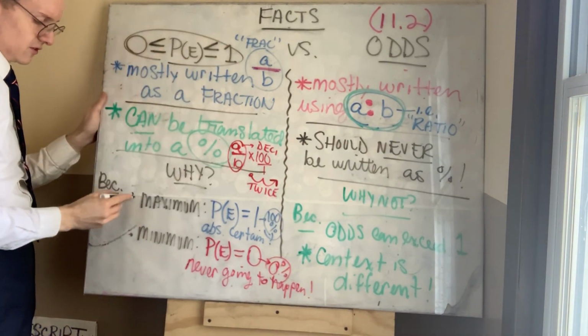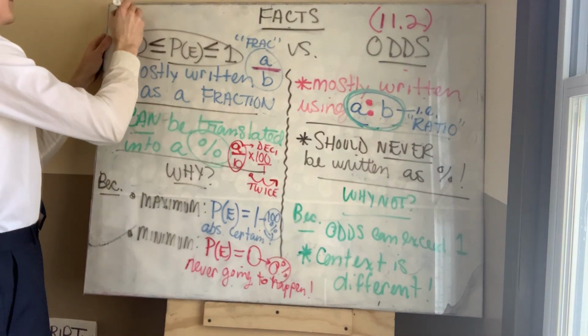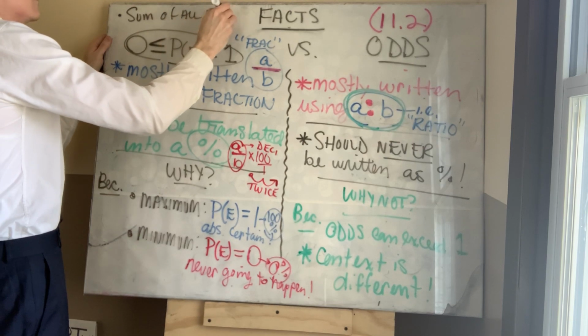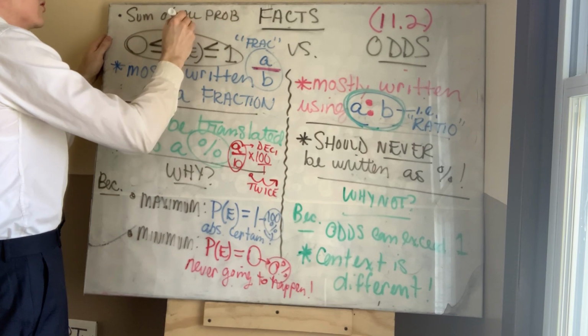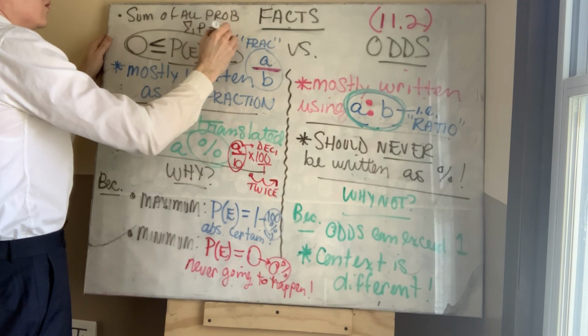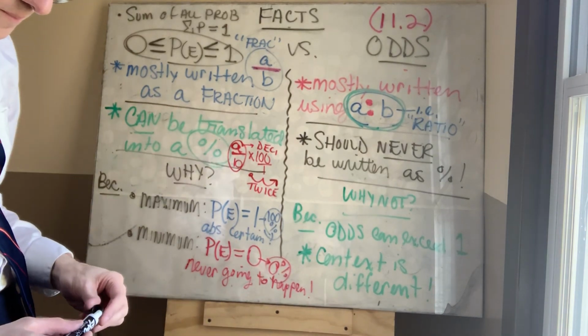This symbolizes this basically. And the sum of all probabilities, which is sometimes symbolized by a sigma, is equal to 1. That is the maximum again.